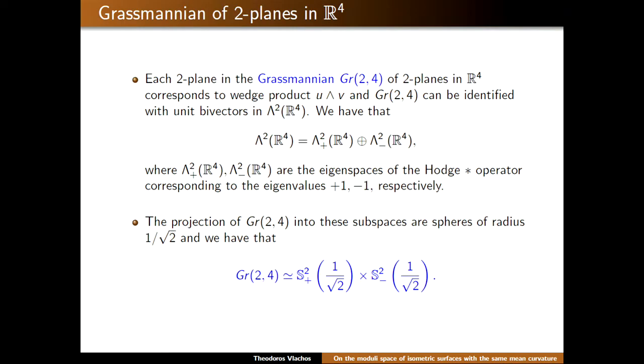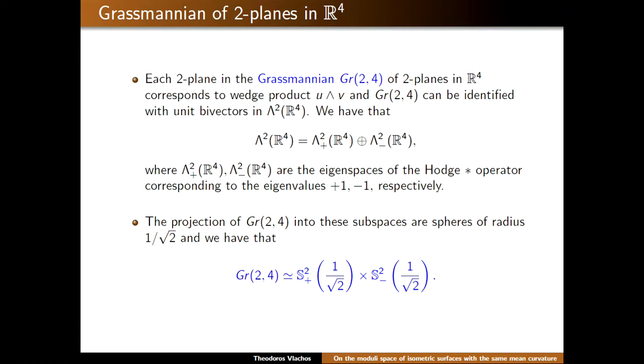So let me first remind some known facts about the Gauss map of surfaces in R4. We consider the Grassmannian of the two-planes in R4. Every plane corresponds to a bivector, a wedge product of two unit vectors.